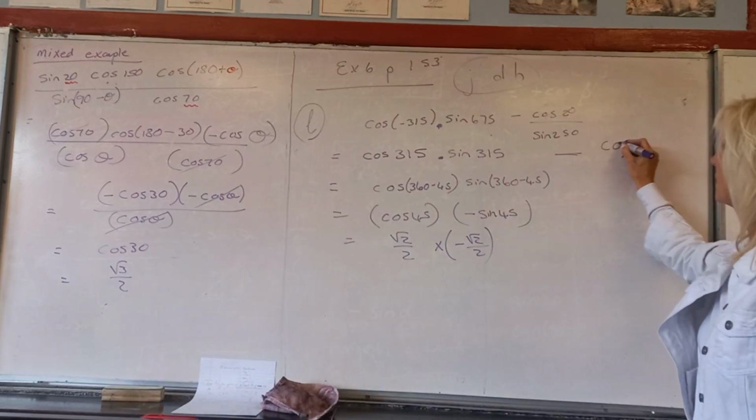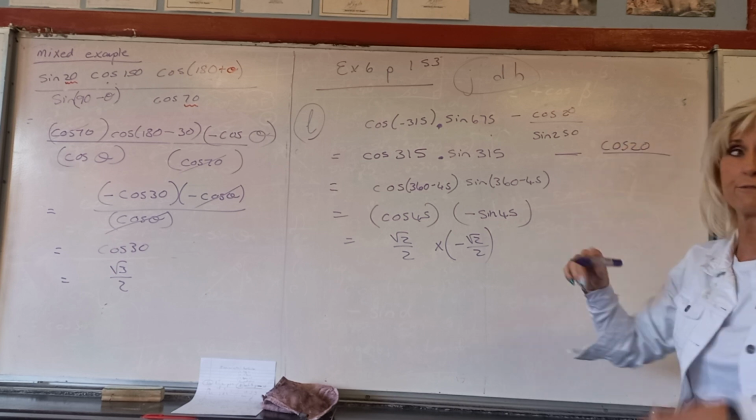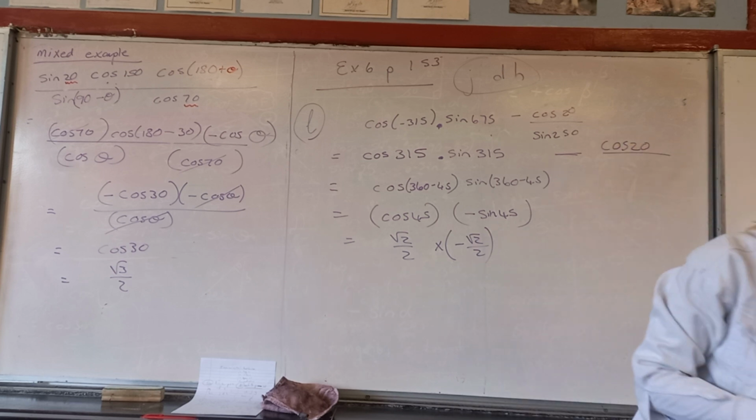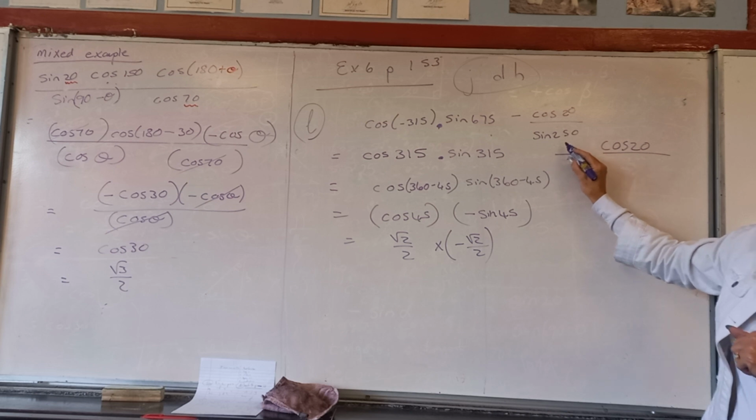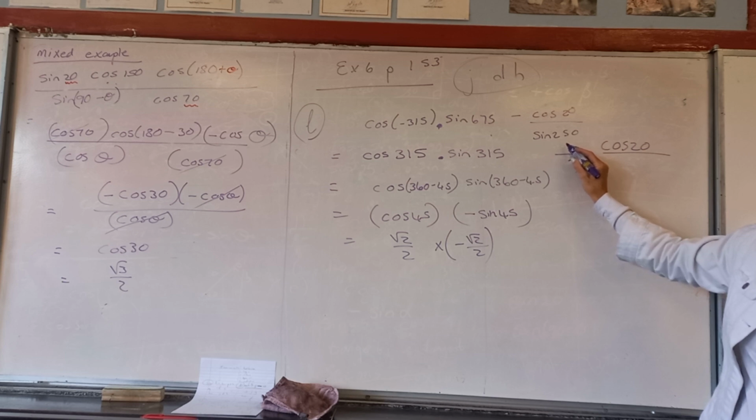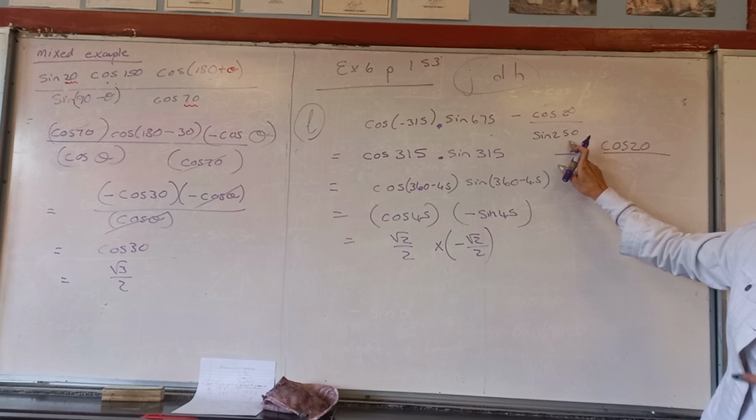Cos 20. Oh, thank goodness I don't have to do anything with that for the moment. So then we're going to have sin 250. What are you going to do with it? Make it 360 minus, or 180 plus. 360 minus is going to be 110, and that's not acute.